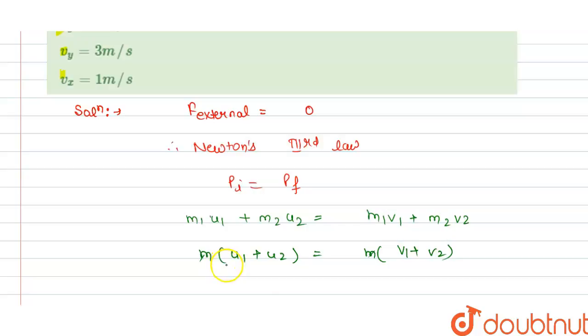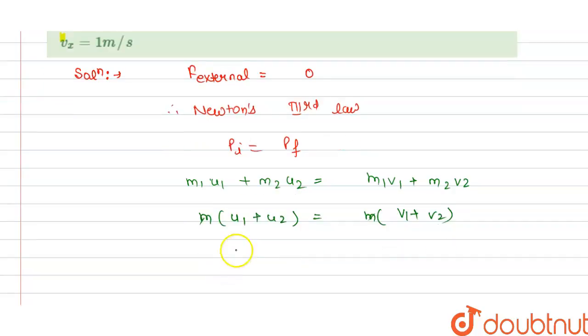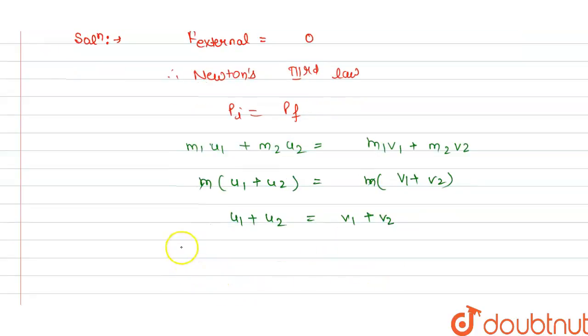So we get u1 plus u2 is equal to v1 plus v2, so we can write here initial velocity is equal to final velocity. So from this, for the x direction we get velocity 6 plus minus 5, so this is 0 plus velocity in x direction.